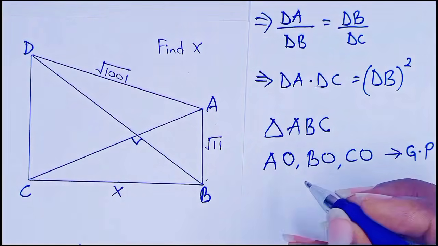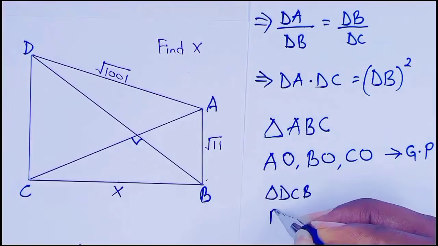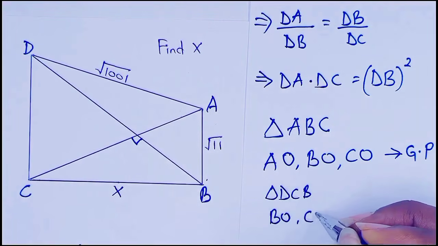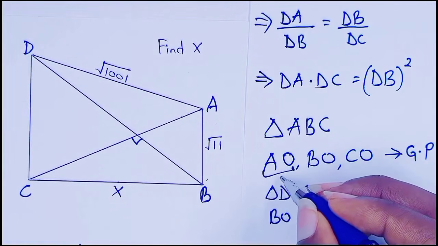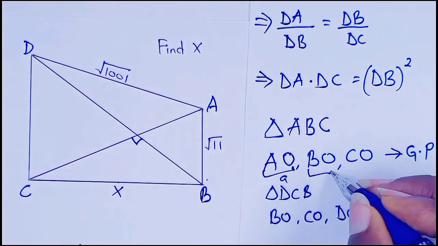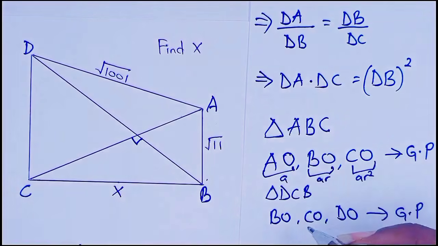and in triangle DCB, BO, CO, and DO are in GP as well. So if this is A, this is AR, and this is AR squared.